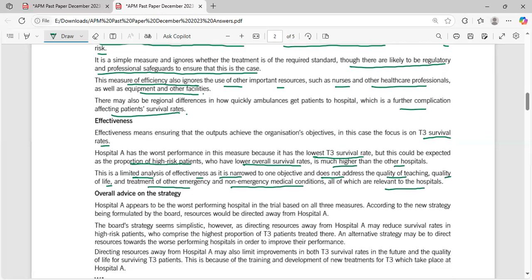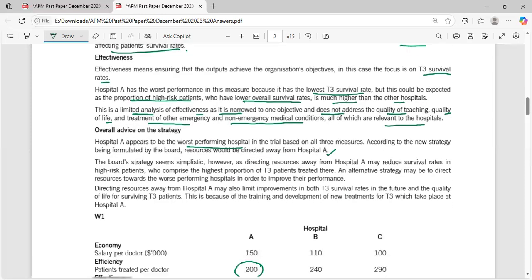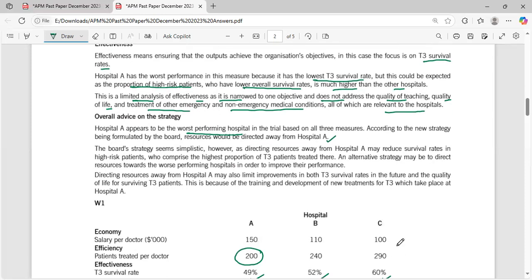Overall advice on the strategy. Hospital A appears to be the worst performing and to bear the highest cost in the trial based on all three measures. According to the new strategy being formulated by the board, resources would be directed away from hospital A and given to hospital B and C, especially C, where salary is the lowest, patient treatment per doctor is highest, and survival rate is highest.